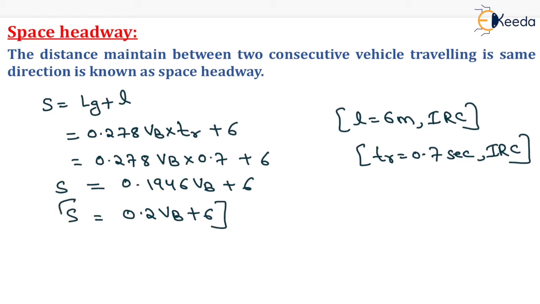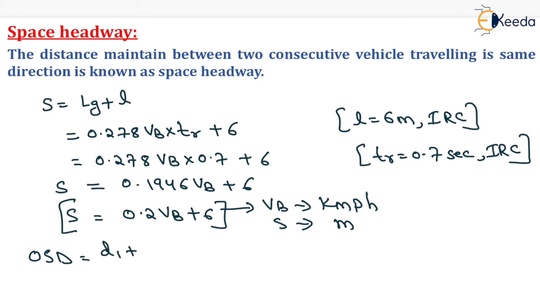Now we will put the value of speed of vehicle B, that is Vb, here, and we will compute the space headway in meter. So here Vb is in kilometer per hour and S will be in meter. The total overtaking sight distance will be equals to d1 plus d2 plus d3.